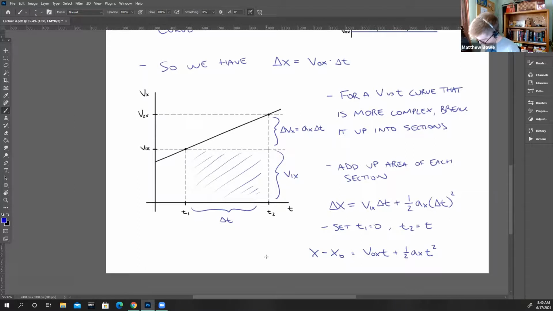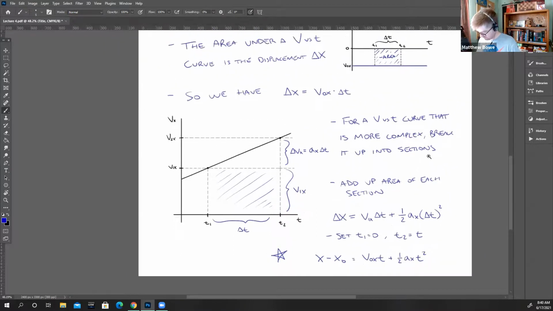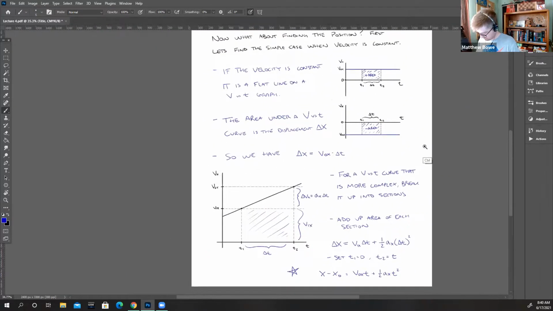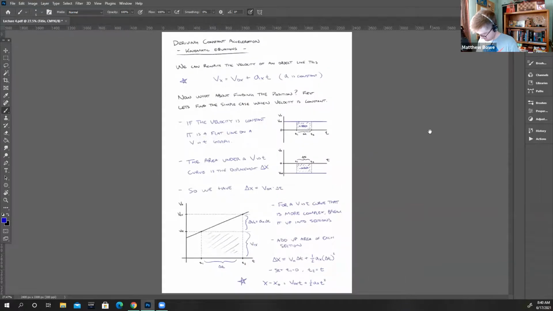All right, I'm going to put a star next to this one. This is another kinematic equation that is very useful in solving almost anything.